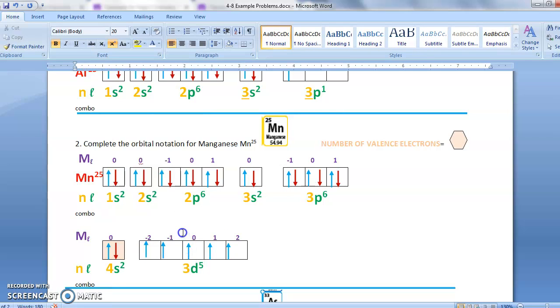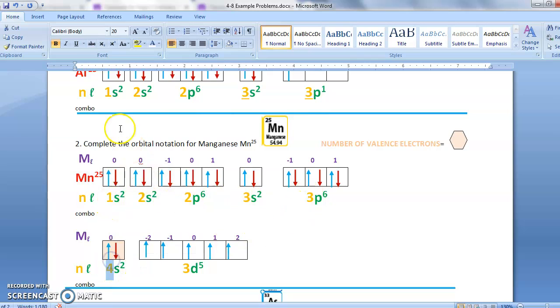This is manganese right here. They want to know how many valence electrons there are. Remember, valence electrons are the electrons found in the sublevels that have the largest number. So I start looking across my first numbers. The n is the first number. N is in orange. All the first numbers are in orange.